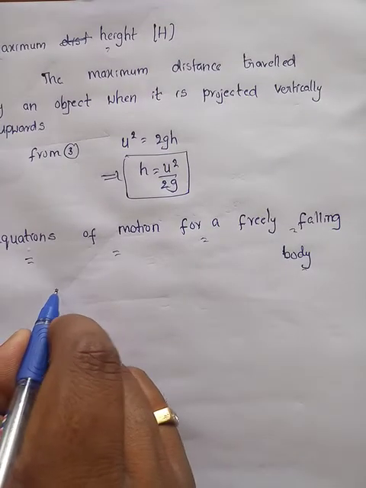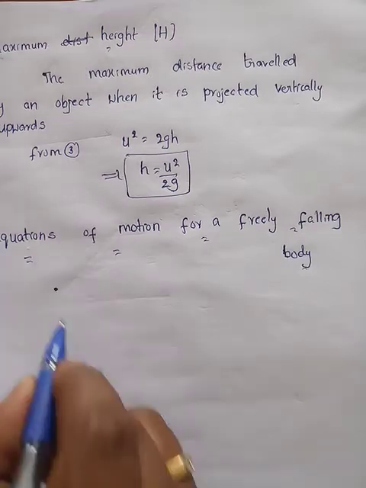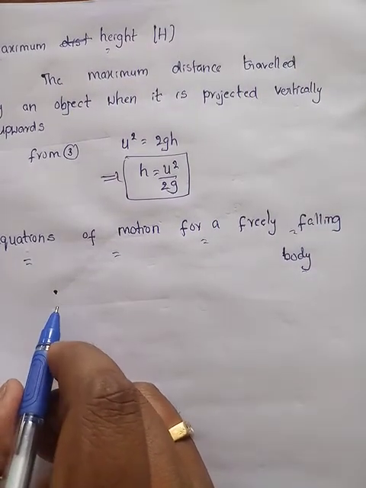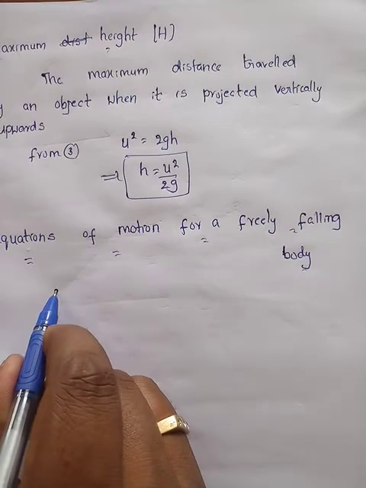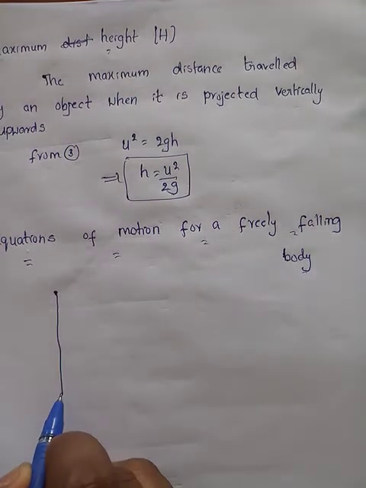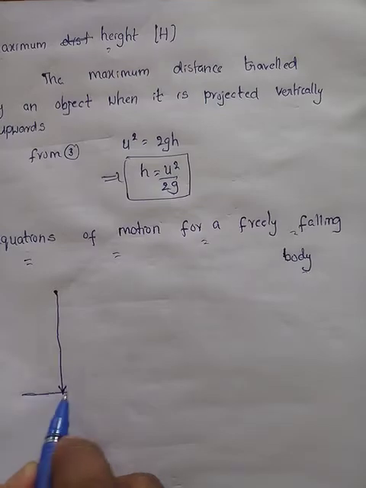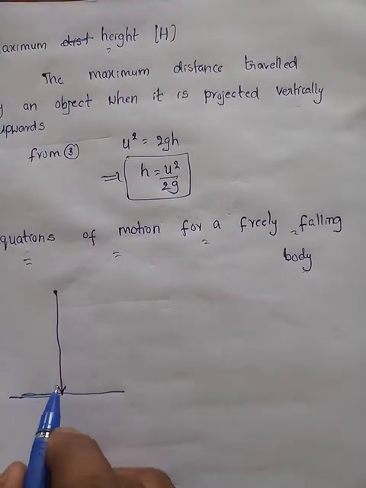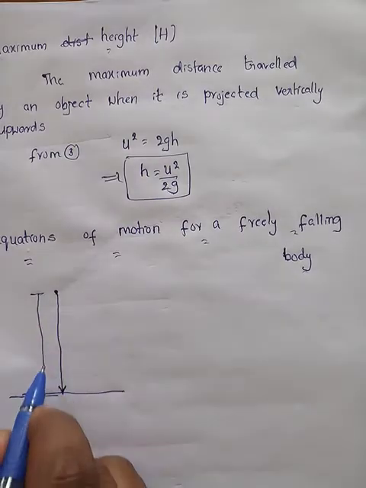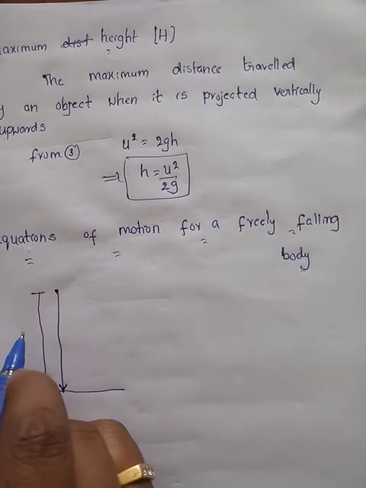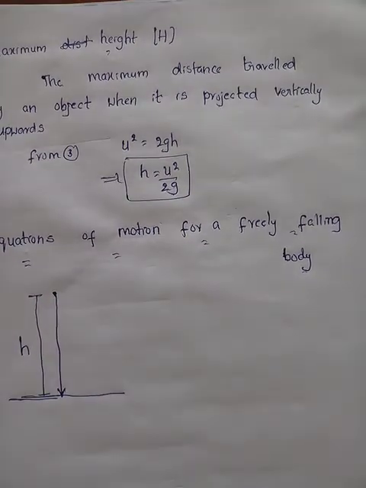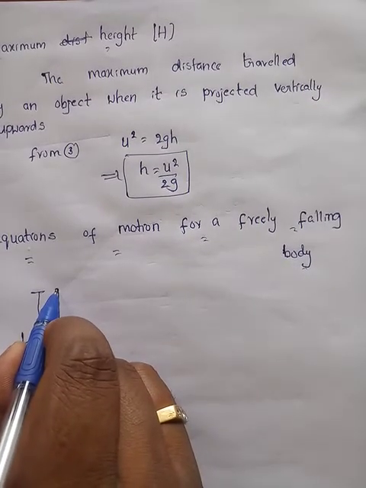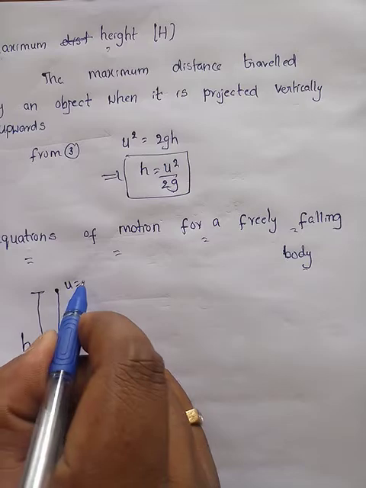For example, I kept an object here and just pushed it, meaning I made it drop. You just drop the ball. Now it reaches the ground, meaning it hits the ground. Yes or no? It hits the ground. The distance traveled in the vertical direction we consider as height h. Initially, it is not thrown, it is dropped. So its initial velocity is 0.